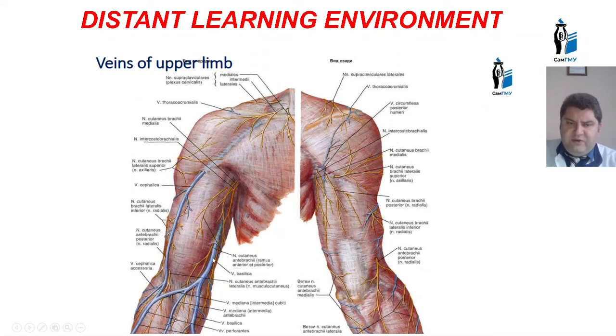And here you may see that the basilic vein penetrates the brachial fascia at the middle third of the medial surface of the arm, and next at this middle third it passes inside the fascia and passes into the brachial vein.